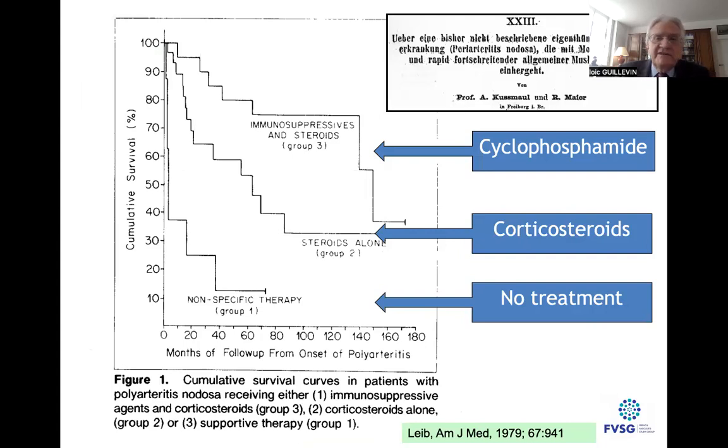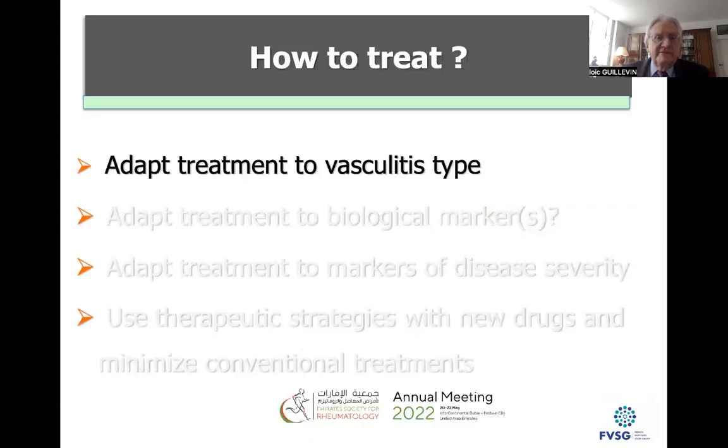And you have MPA together with polyarteritis nodosa, and ANCA were not known at that time. But the key message is that steroids are not enough in the most severe patients, and that immunosuppressants combined with steroids are more effective. But now, of course, we have better.